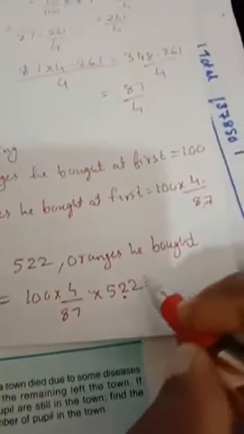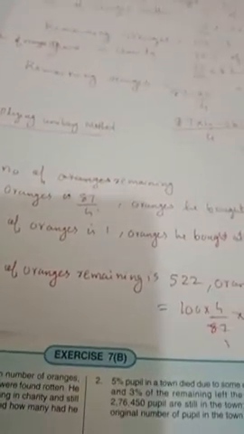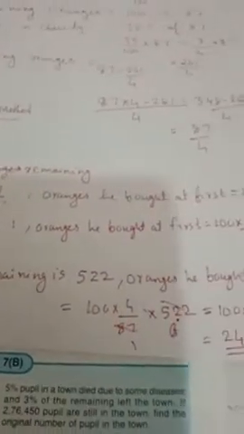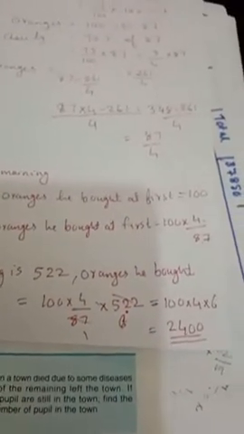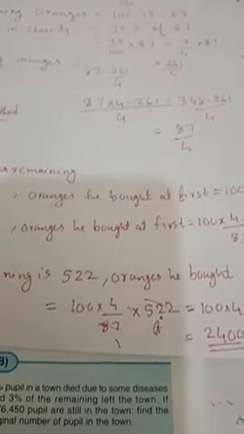See, first if the number of oranges remaining is 87 by 4, then oranges he bought at first is 100. Then take one quantity: he bought at first 100 divided by 87 by 4, which is 100 into 4 by 87. To find one quantity we divide.